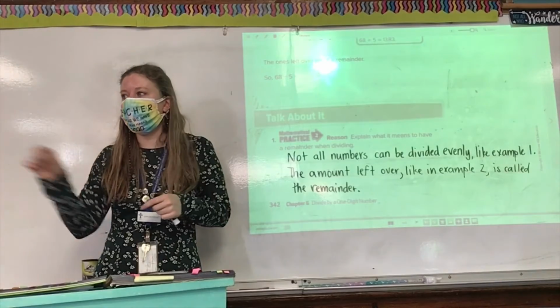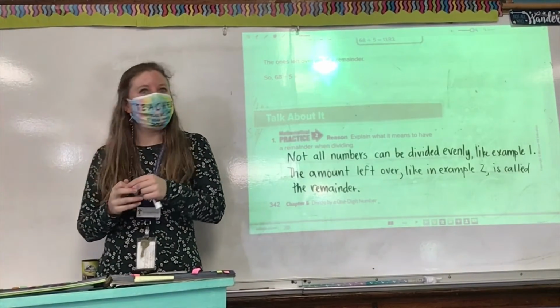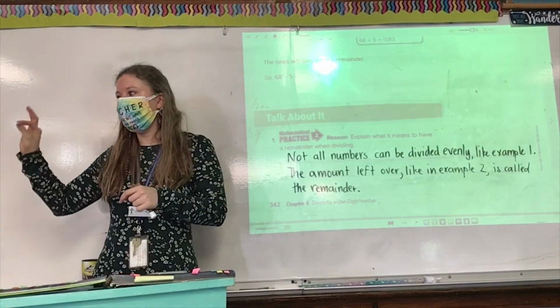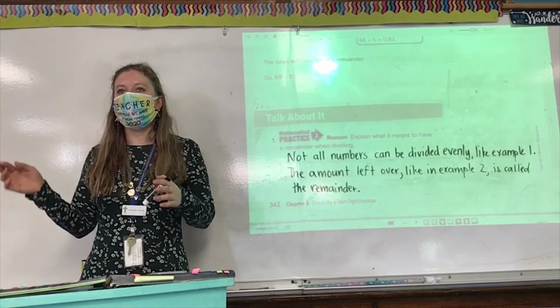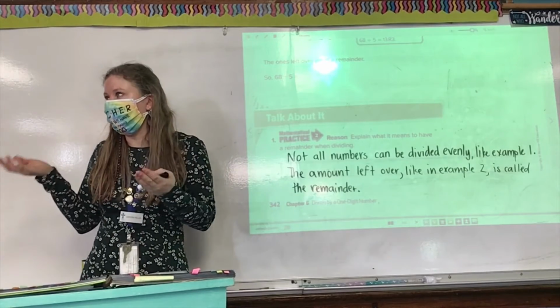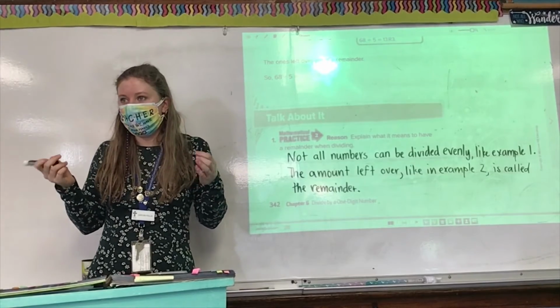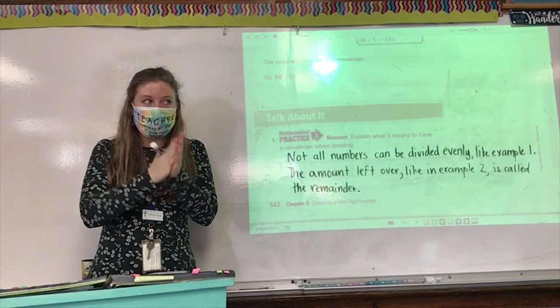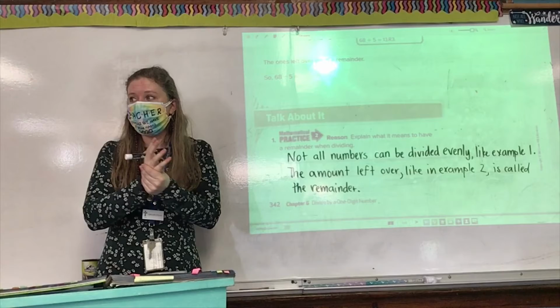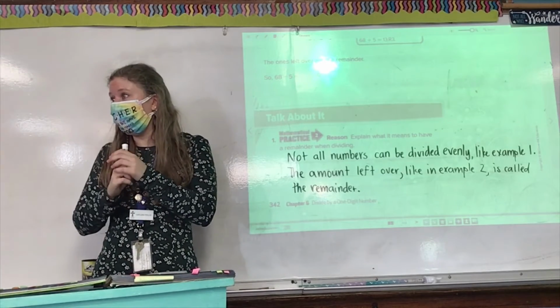A capital R. Not lowercase, not cursive, a capital print R. Although a capital cursive R doesn't look much different from a regular manuscript R. But we just do it print. A capital R in print. So this is the one time you don't have to use cursive when you're writing an R for remainder.